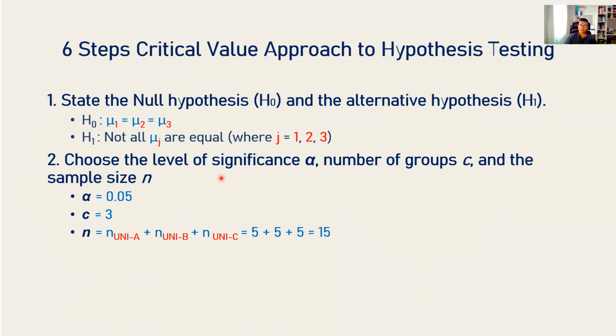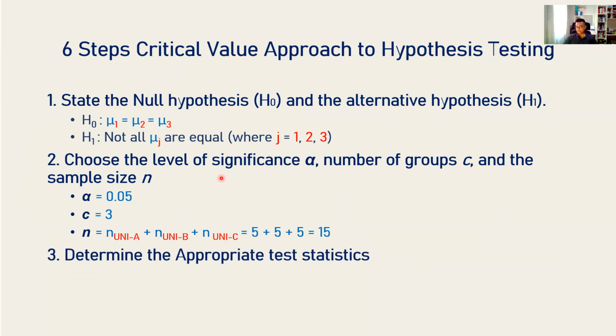The third step is to determine the appropriate test statistics. Since we try to compare the means among 3 or more different populations, we pick ANOVA.